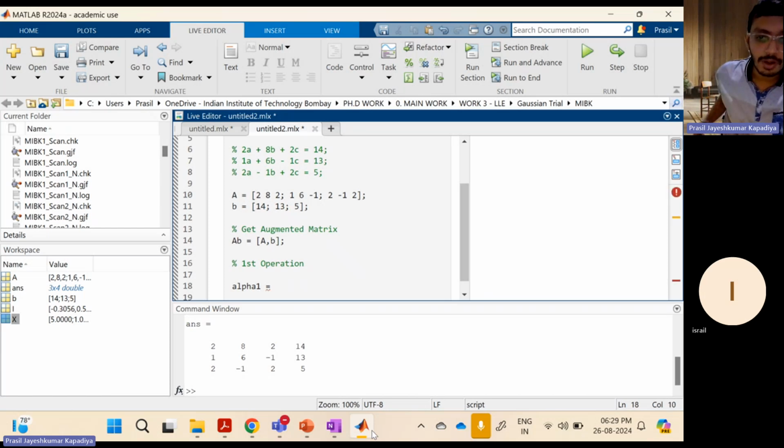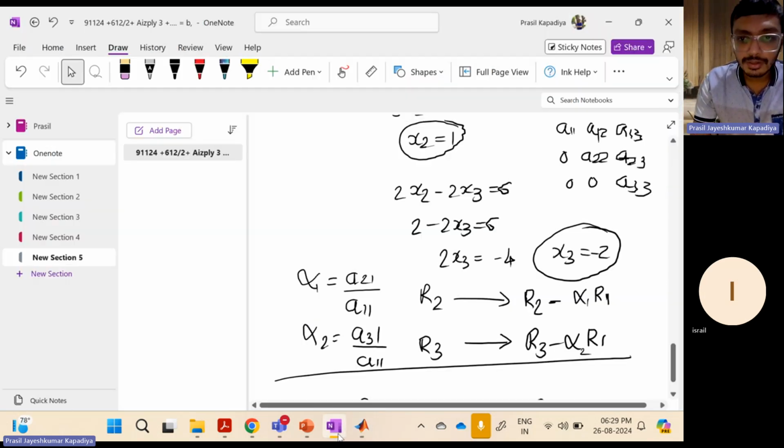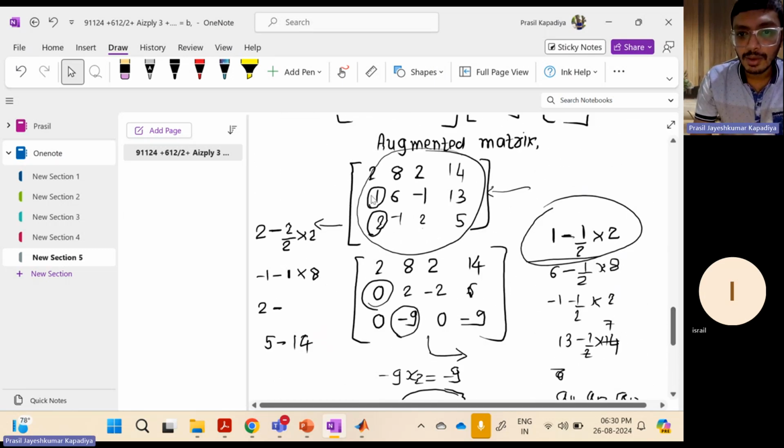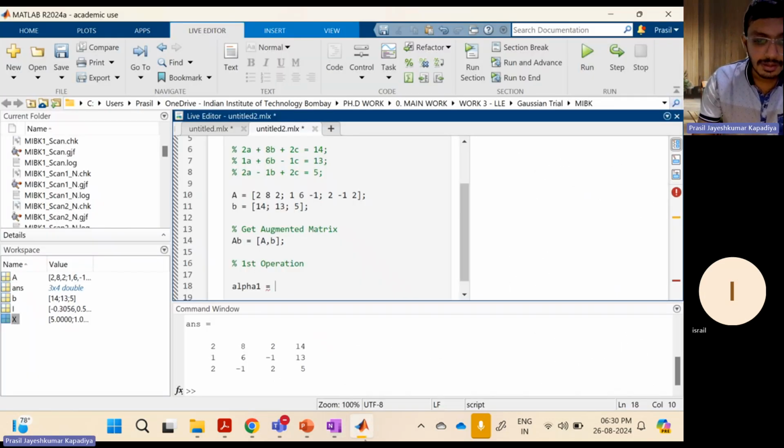What is my alpha 1? A21, this element, divided by this element. So it is the augmented matrix AB second row first column divided by the augmented matrix first row first column. I have defined my alpha.